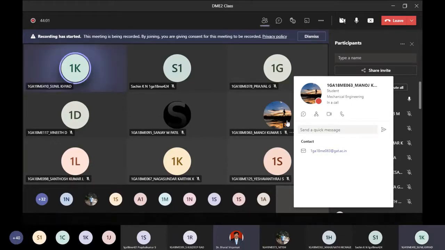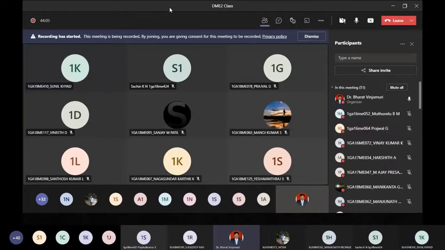Yes, sir, understood. Can you tell me the formula of torque? Sunil, formula of torque right now. I have just explained how to find the torque when power as well as speed is given. And guys, I want you to note down whatever I teach.